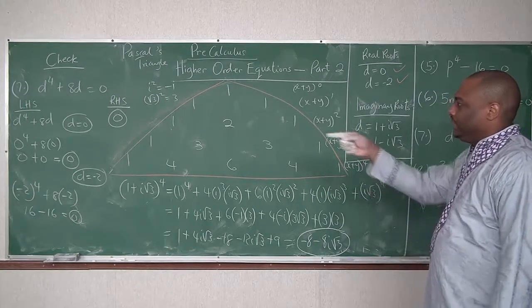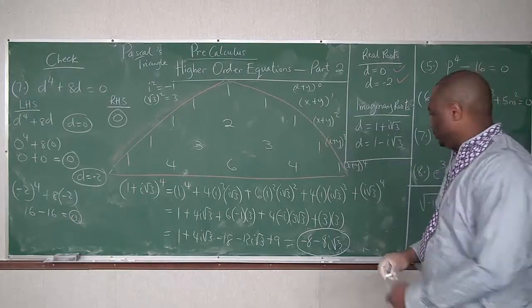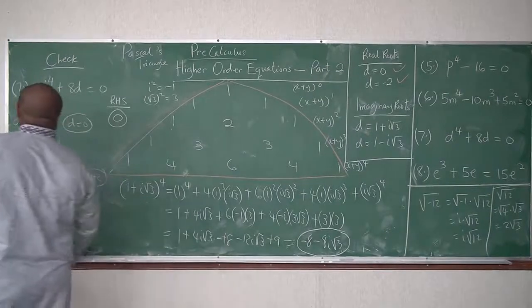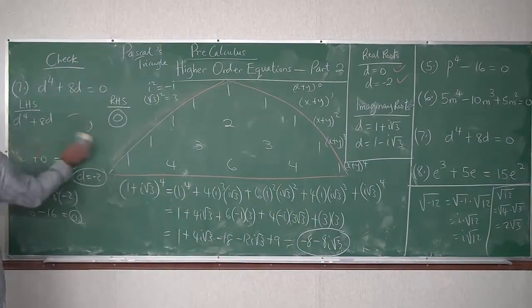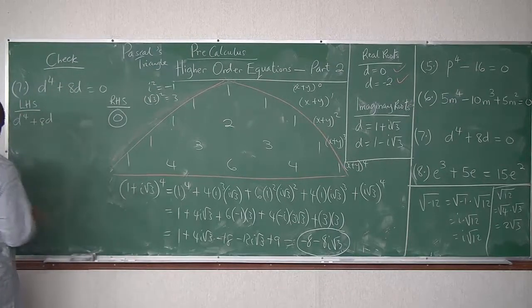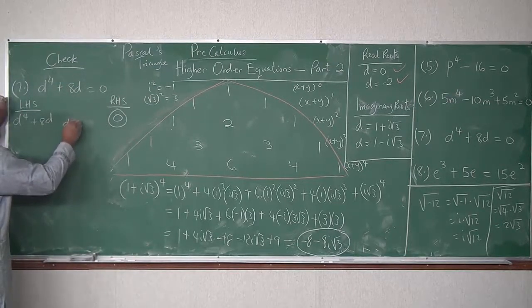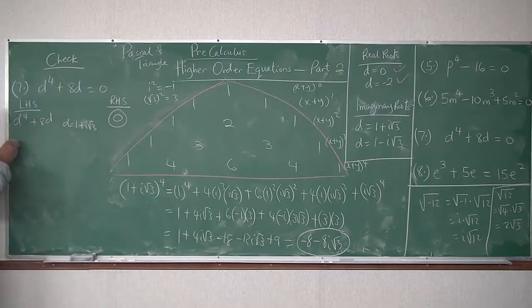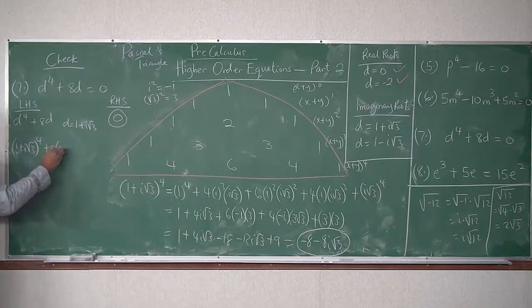So I have to finish it up to make sure it's correct. If we have d equal to 1 plus i root 3, I now have 1 plus i root 3 all to the 4 plus 8 times 1 plus i root 3.